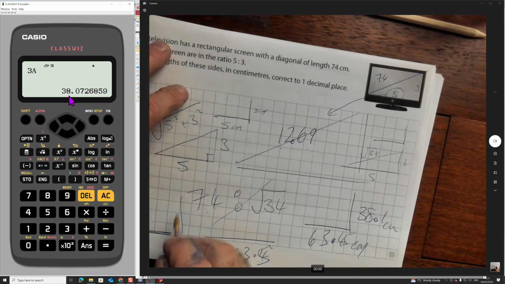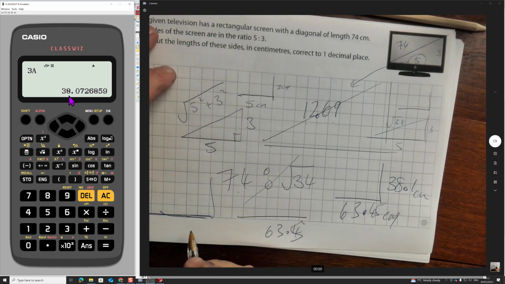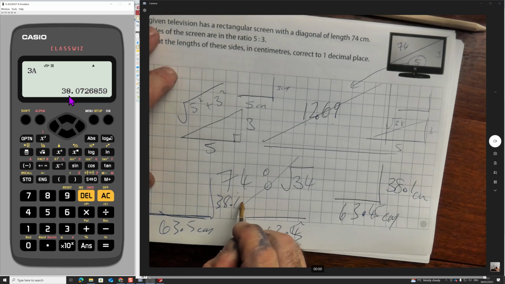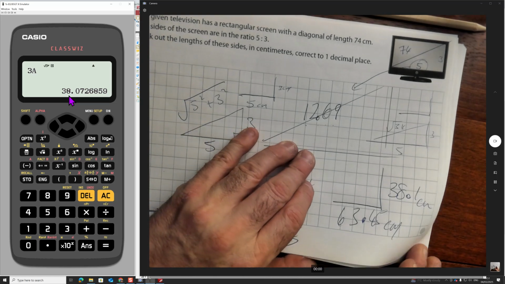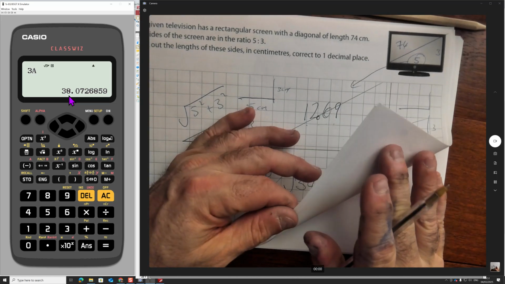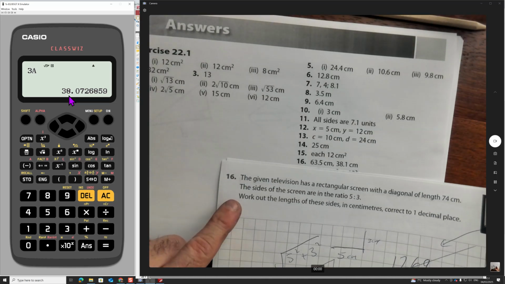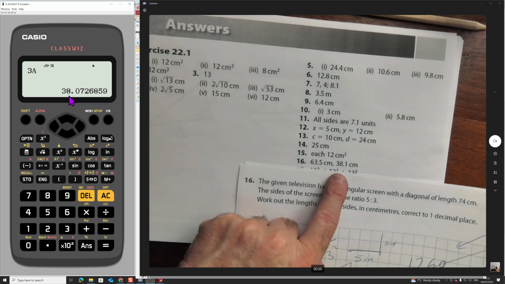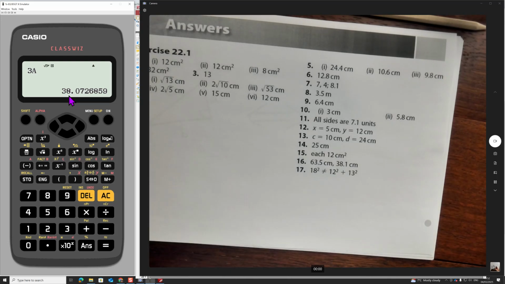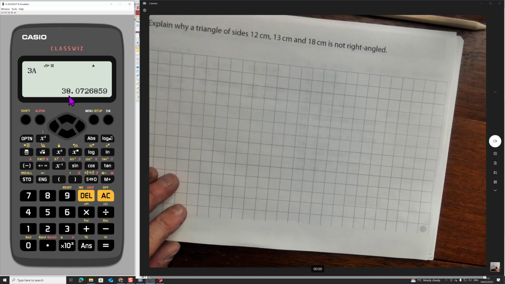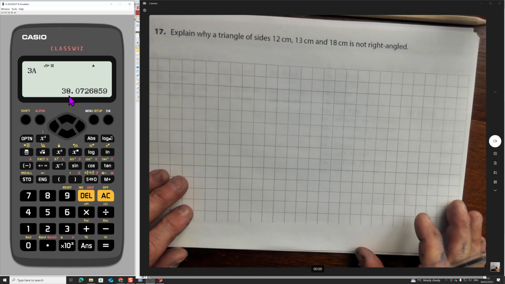Let me give my answer nicely, because I'm about to check the answer. 63.5 centimeters, 38.1 centimeters, and this is one of these ones where maybe we do want to look at the answers. Okay, so question 16, 63.5 and 38.1. That was a challenge, question 16. And we're on to question 17, last question in this section.